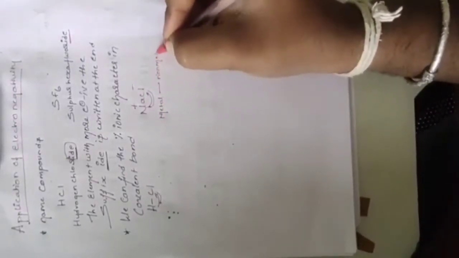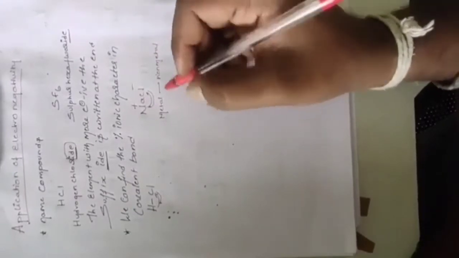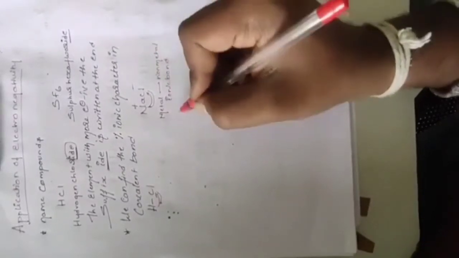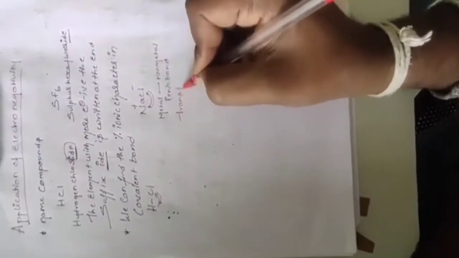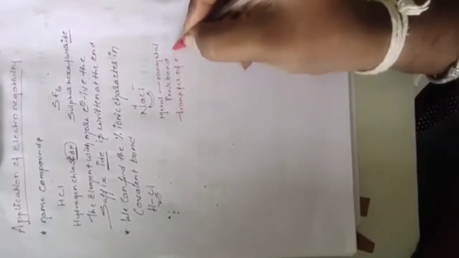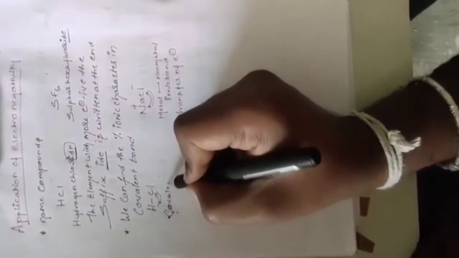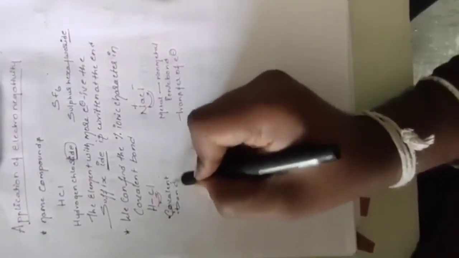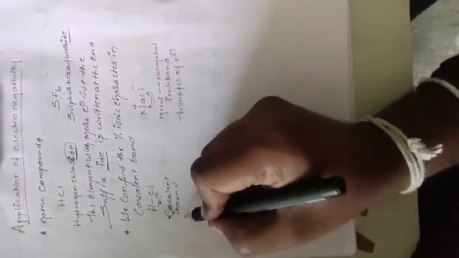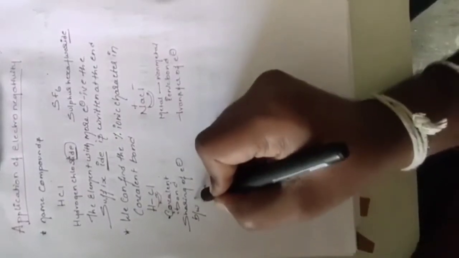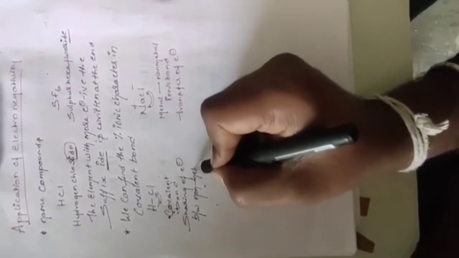So you have an ionic bond, transfer of electrons. Here, covalent bond, sharing of electrons between non-metal atoms.